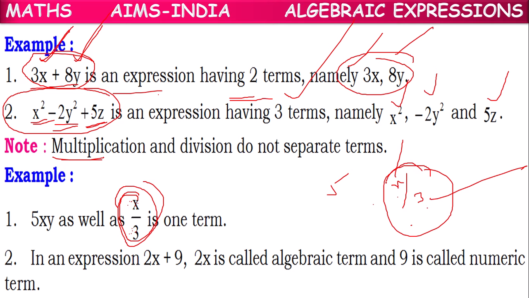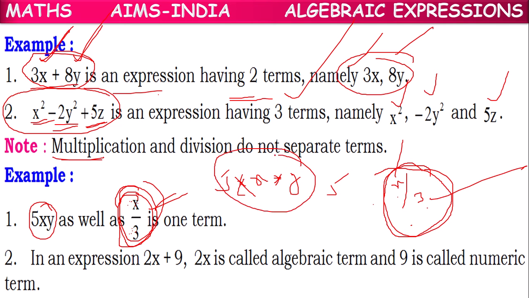Because multiplication doesn't separate the terms. So x by 3 we have to consider as a single term. Or 5xy: though we have 5, x, y, three quantities, as we are doing multiplication, their combination 5xy will be considered a single term.